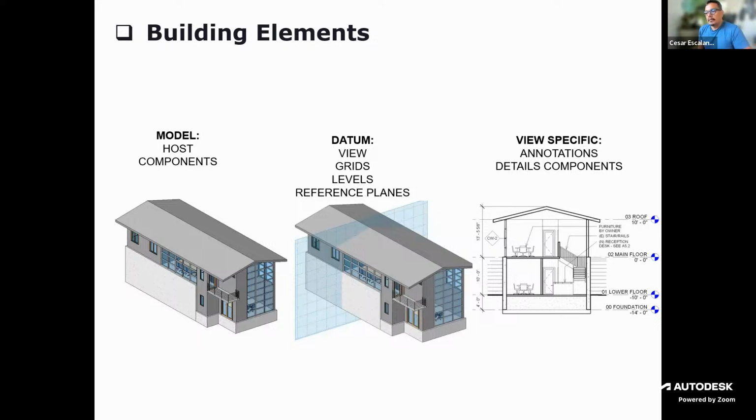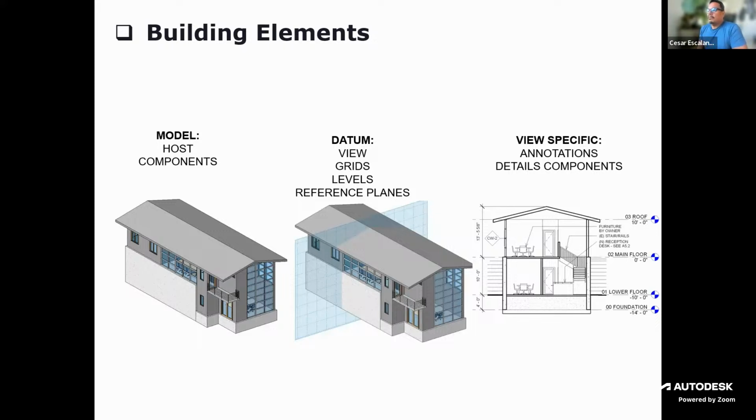Levels are horizontal planes that define the top, the finished floor level. We have views like section, elevation, detail and plans. Those are planes that intersect the model, and the projection of that section is what you see on a view.